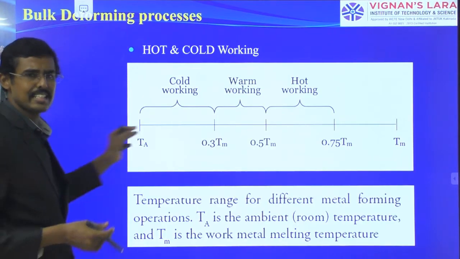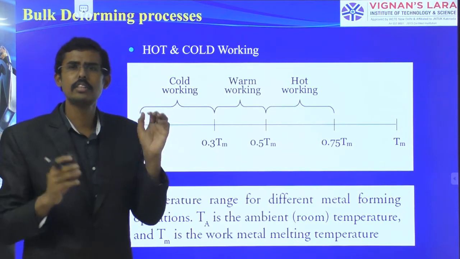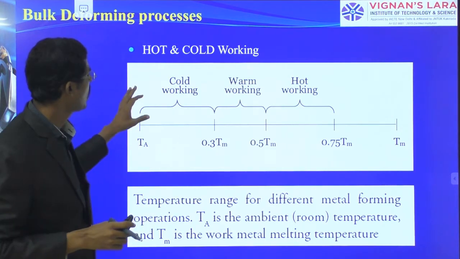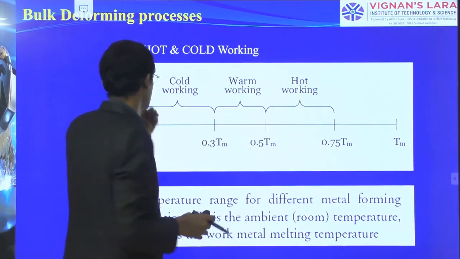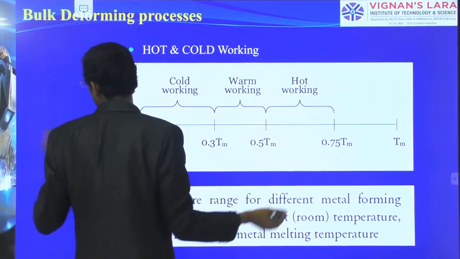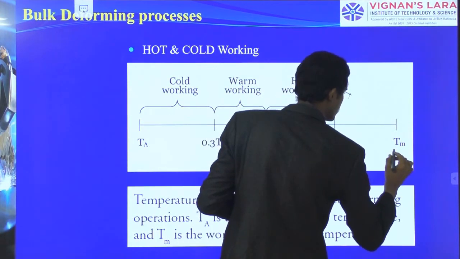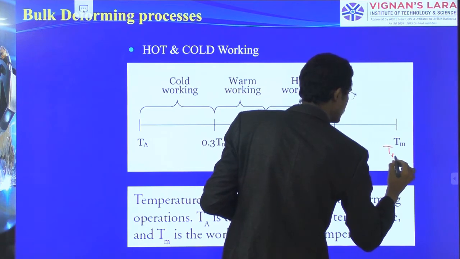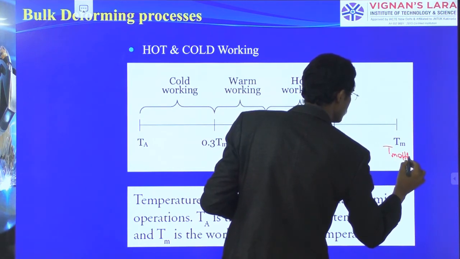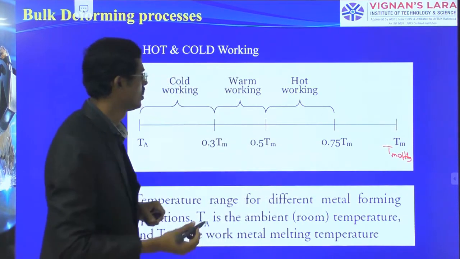Now I want to classify these temperatures with respect to hot working and cold working conditions. You see, there is a term, the melting point temperature, which I am mentioning as Tm.